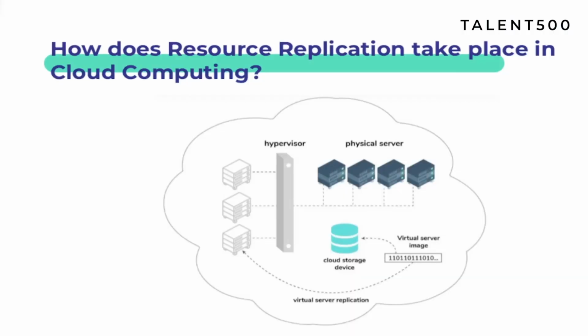So let's get started. The first question here is, how does resource replication take place in cloud computing? When we talk about the word replication, what does it mean? It means creating multiple copies of something, correct? And here we are saying resource replication. So what is the meaning of this word here?